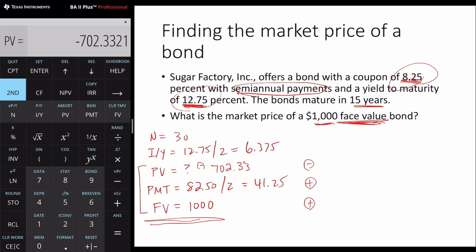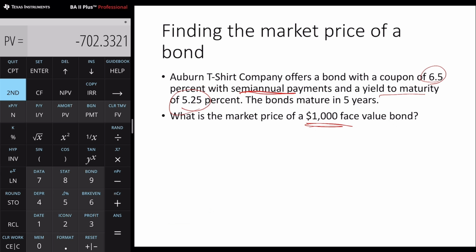And so anytime that you see a situation where the yield to maturity, what the current yield is, is greater than the coupon rate, then I'm going to have to price the bond lower than face value because I'm going to have to discount it in order to entice investors to want to buy a bond that is paying 8.25% in a market that is paying 12.75%. Okay, I hope that makes sense.